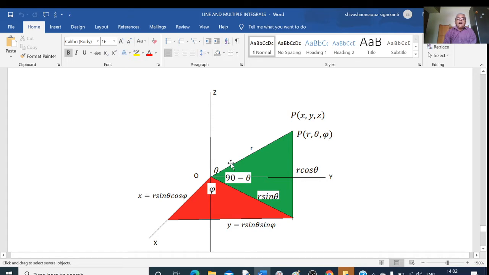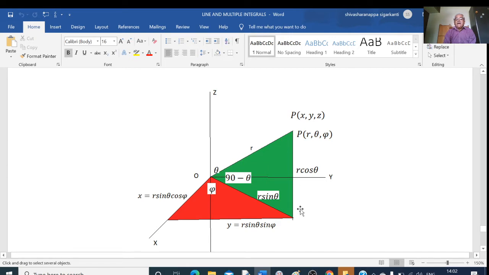If I draw a perpendicular from P onto the xy plane, this is the foot of the perpendicular. I'll join O to this foot of the perpendicular, and this is a right angled triangle perpendicular to the xy plane. This angle is equal to theta. Therefore, this angle is equal to 90 minus theta.